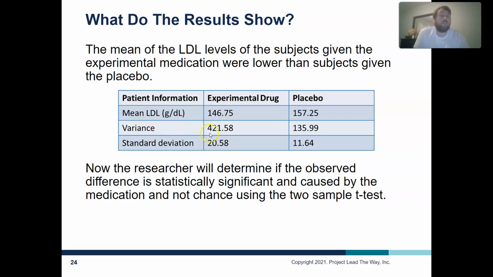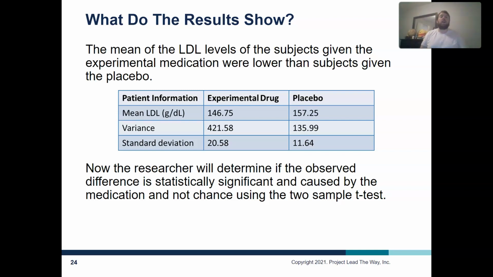In fact, you can even see the variance itself, how far away these numbers strayed from the mean, is very, very large. Now the researcher will go ahead and determine if the observed difference is statistically significant or if it's just a bunch of gobbledygook, okay?